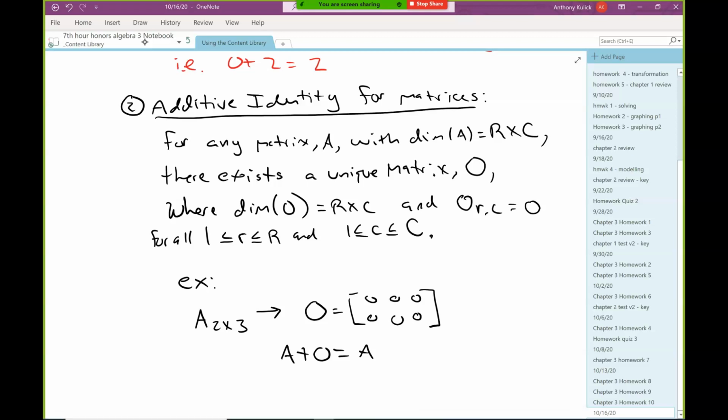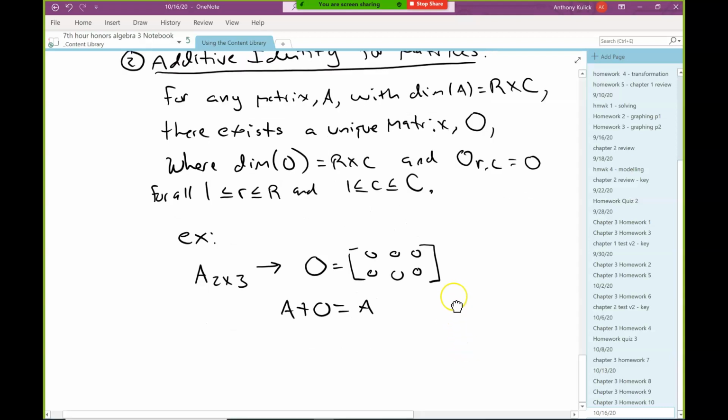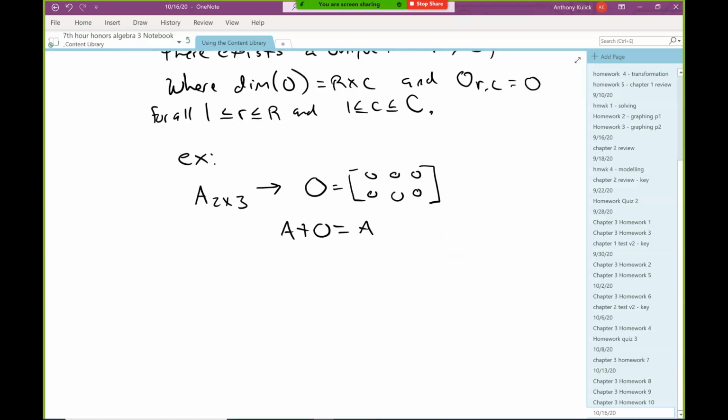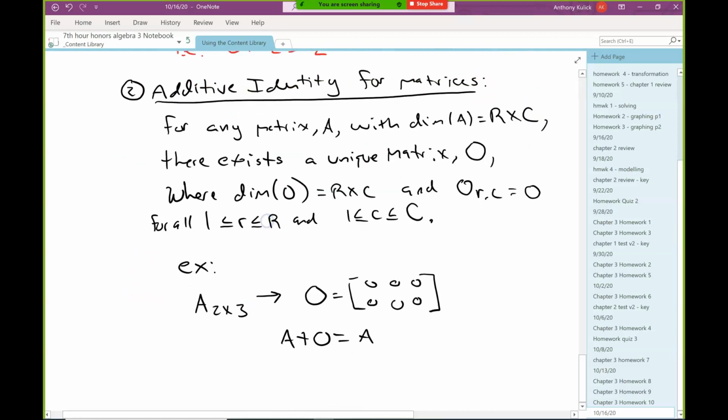Okay. The next real number property of addition that I want to talk about is the inverse property.